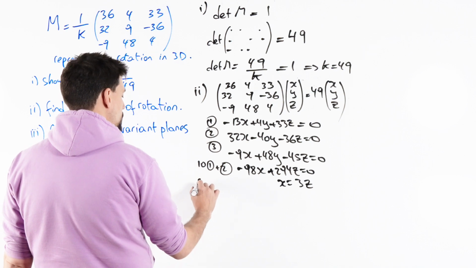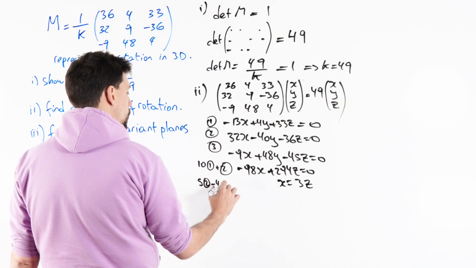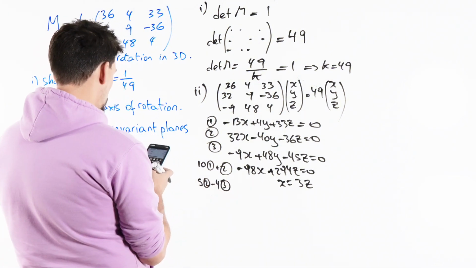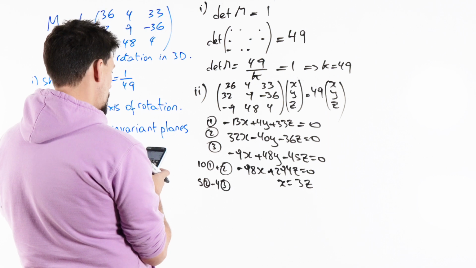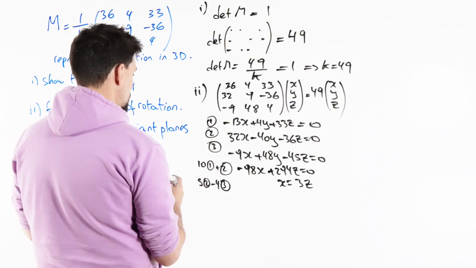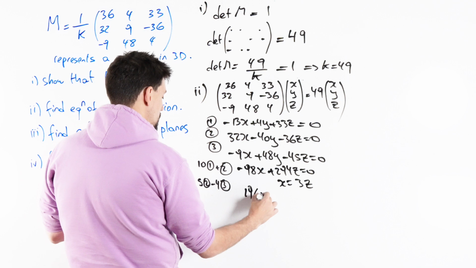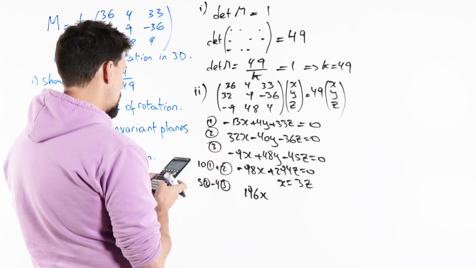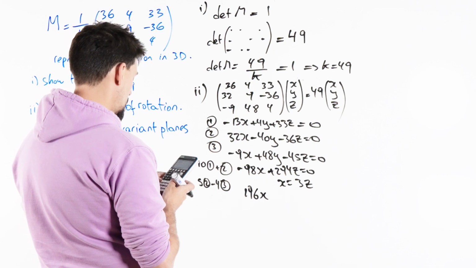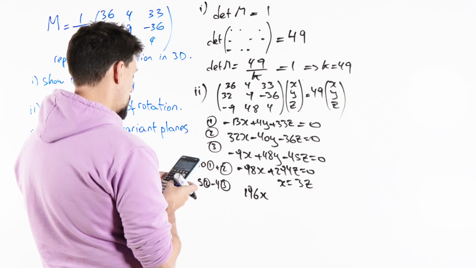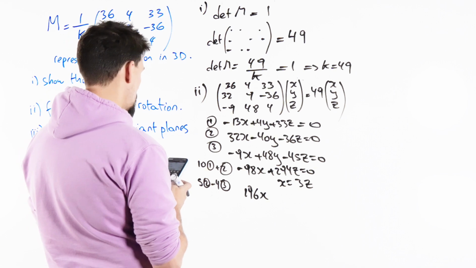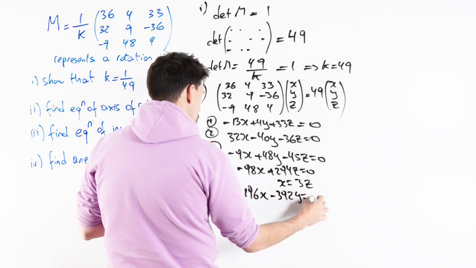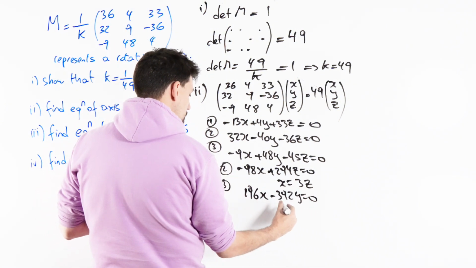So if I go 5 times equation 2 minus 4 times equation 3, that's 5 times 32 plus 4 times 9, which is 196x. And 5 times minus 40 is minus 200, minus 4 times 48 is minus 392. That also looks quite good. What's 392 over 196? Yeah, that's twice, right? So x is equal to 2y.